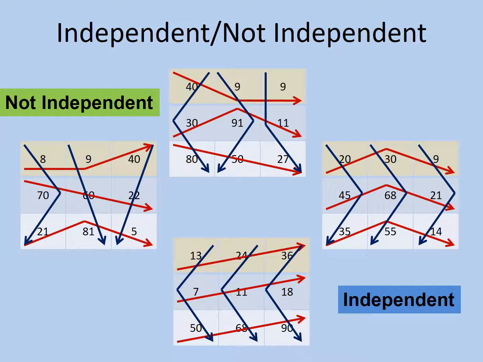So whether we draw our arrows horizontally or vertically, we arrive at the same conclusion that the two variables in the table at the bottom are independent. We have now completed how to eyeball independence in a two-way classification table.